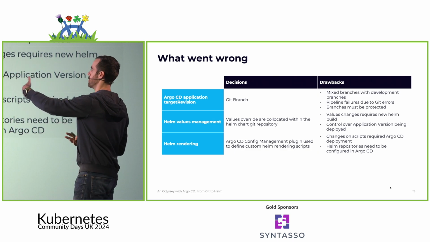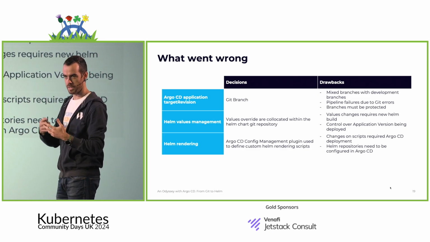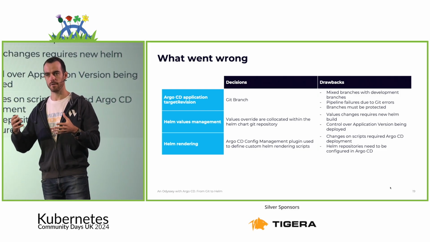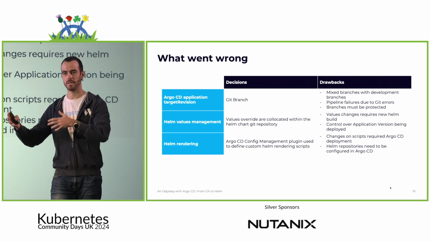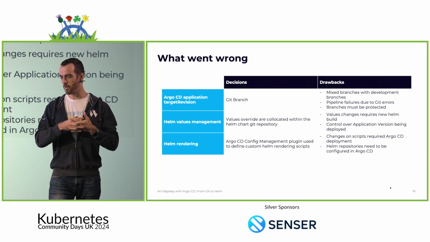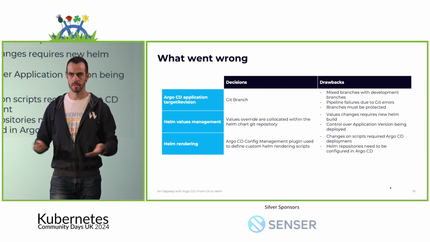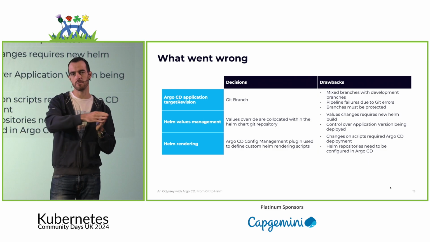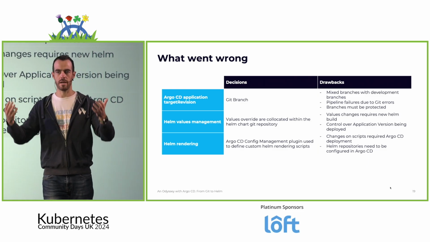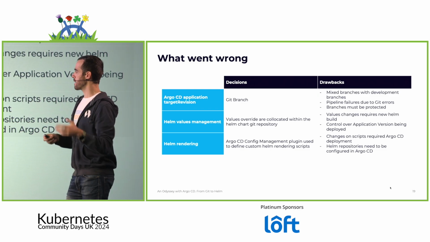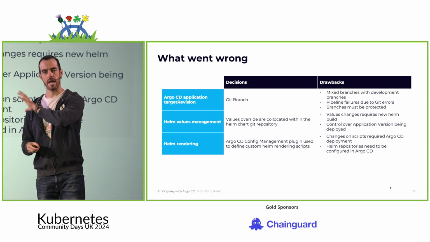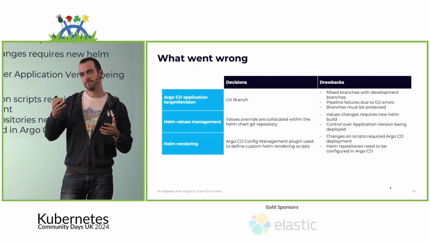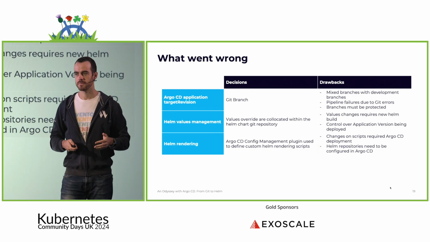And due to the override of the Helm values in the Helm chart, we didn't have control over which versions were deployed into which environment, and operations like scaling a deployment entailed creating a new build and deploying that everywhere to align versions. And last but not least, because the rendering happened in ArgoCD itself, it led us to fail too late in the pipeline.